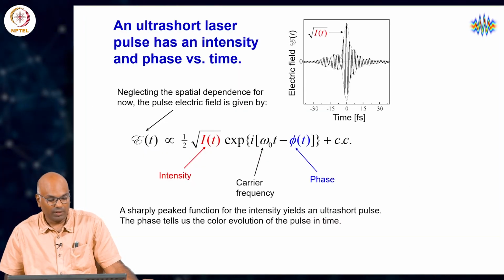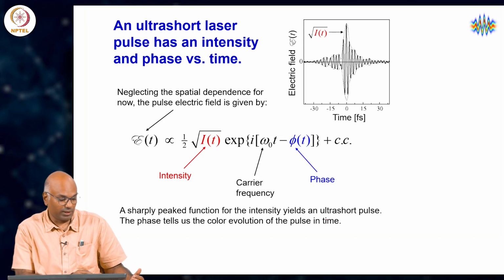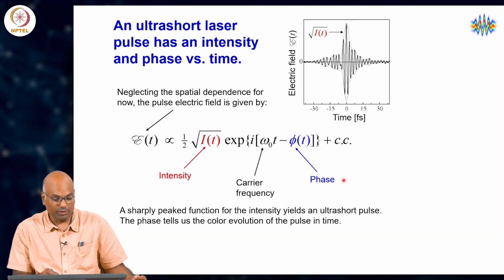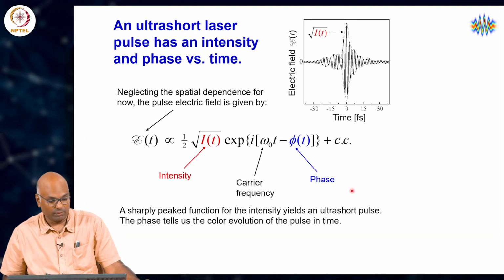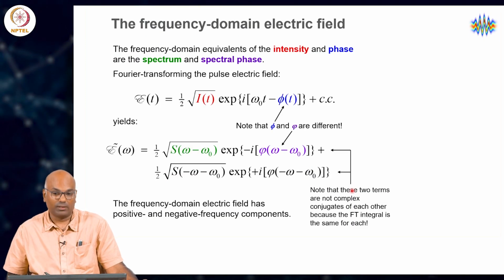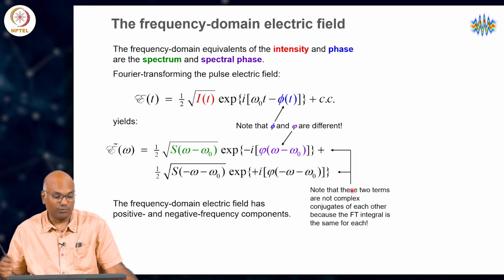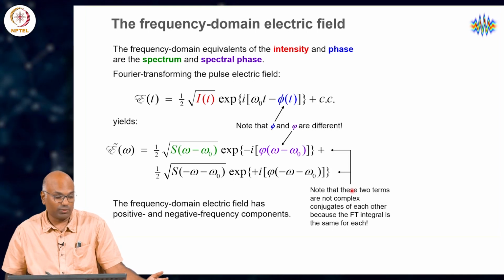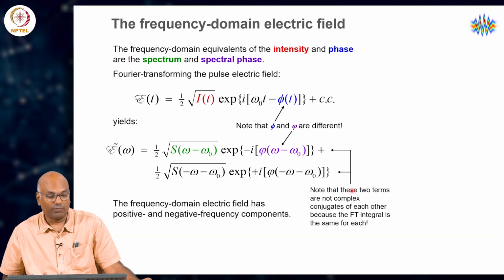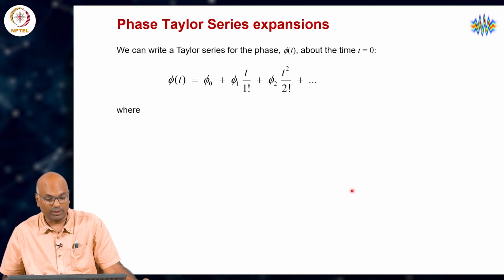We are now experts, I suppose, in writing down the complete electric field description of this ultrashort laser pulse in the time domain, as well as its Fourier transform in the spectral domain, so that from intensity and phase in the temporal domain, in the frequency domain we go to the spectrum and spectral phase.